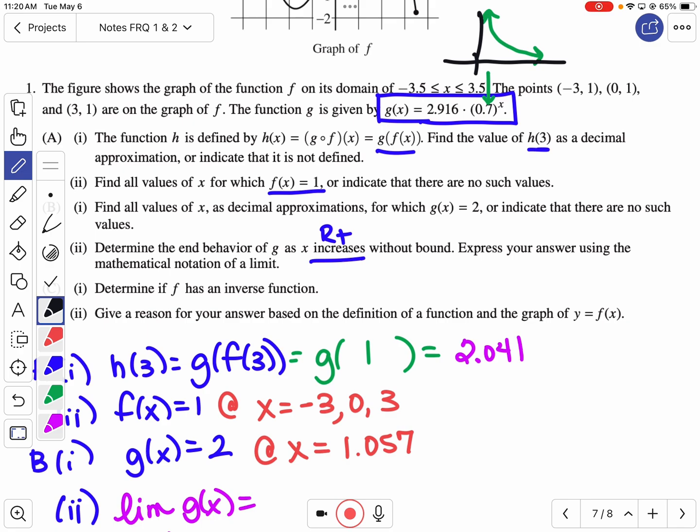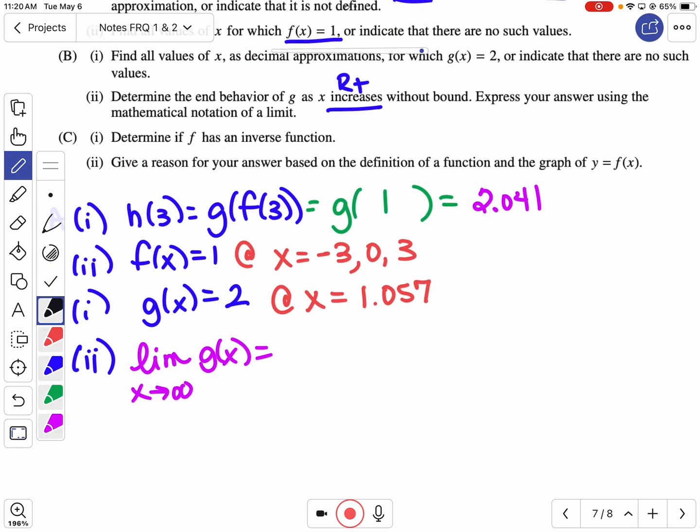Does it decay towards 0? It decays towards 0, or your asymptote, so it would be 0. So that's what they were looking for on that one.